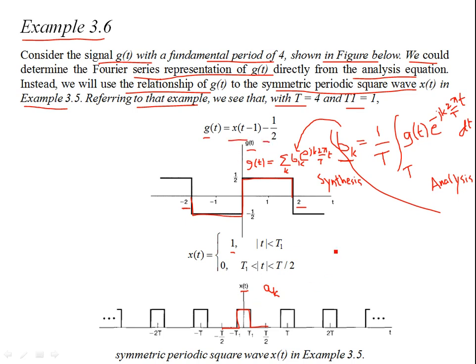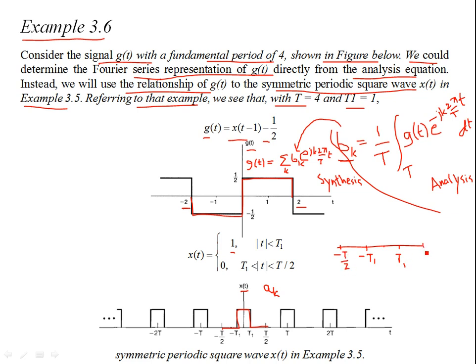What it means is that x(t-1) will be a shifted pulse. So this is -T1, then 0, then T1, and then we have this from -T/2 to T/2.